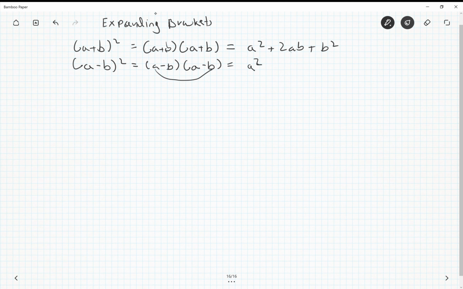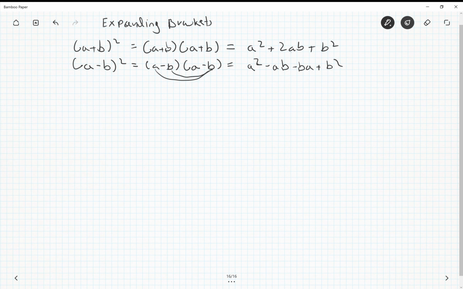And then a times negative b would actually be minus ab, and then once again negative b times a, that would be negative ba, and then negative b times negative b would be plus b squared.